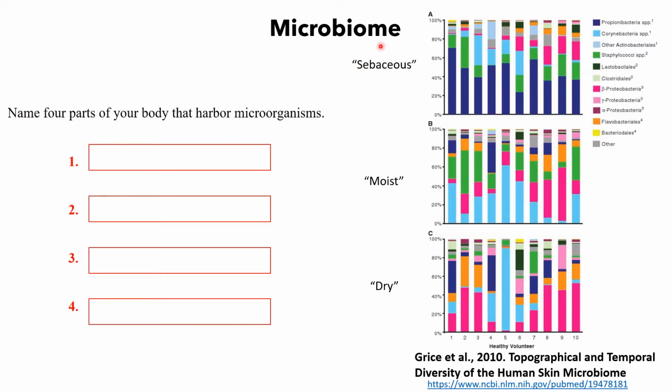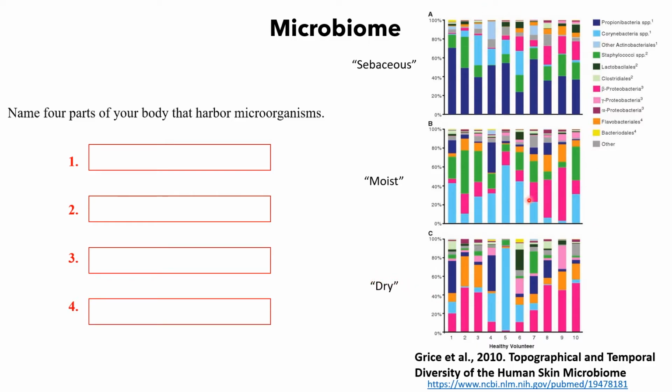So sebaceous or oily glands, places where you'll find oil on the human body, moist parts of the body, and then dry parts of the body. Maybe somewhere where you're sweating versus maybe a part of your forearm or some part of your body is going to be more dry.